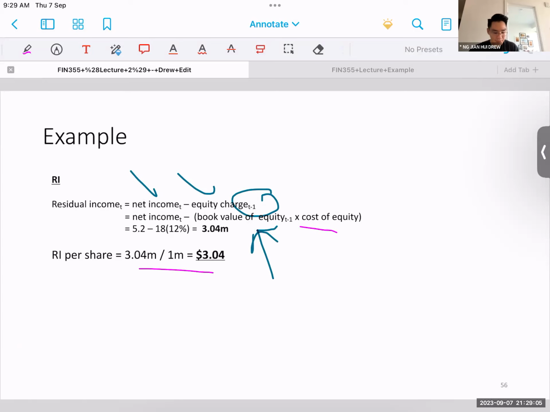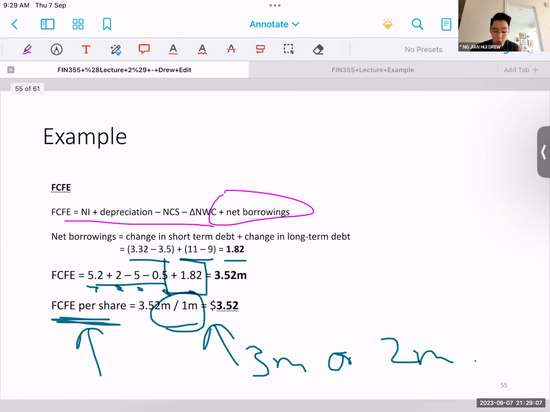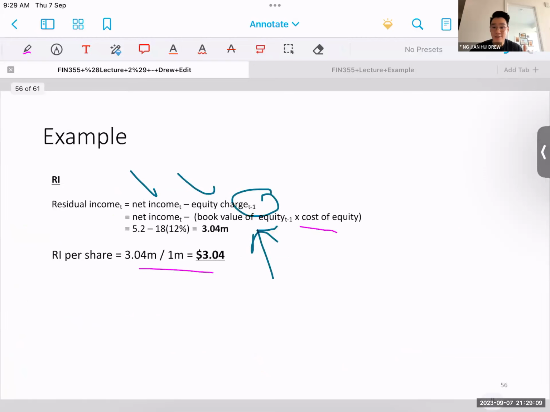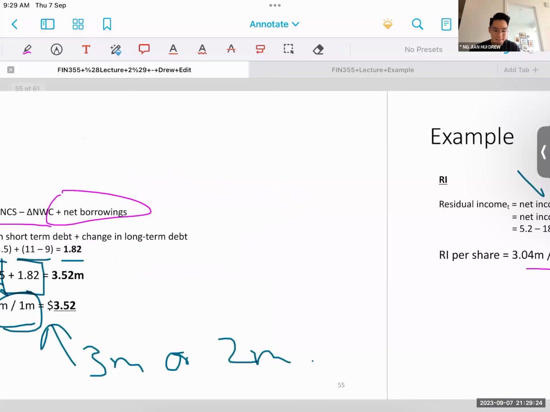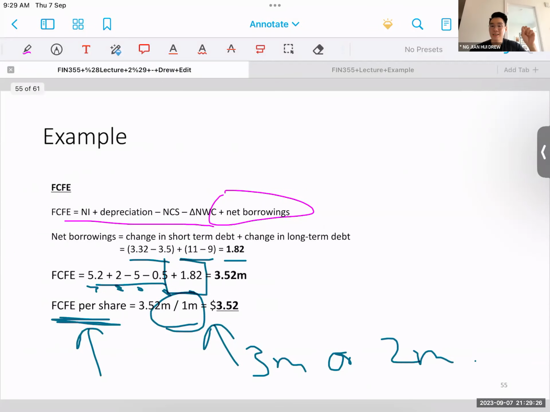And remember, at this point of time, we have not done the valuation. For residual income, we have not put book value plus the present value of residual income, right? And for FCFE and FCFF, we have not discounted by the relevant discount rate to do the valuation.